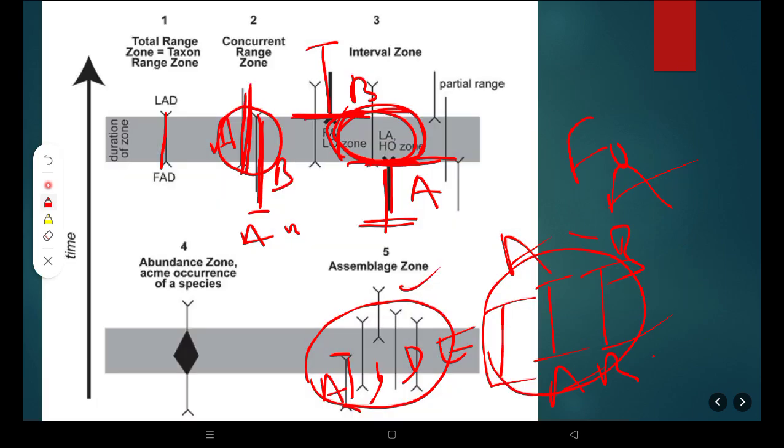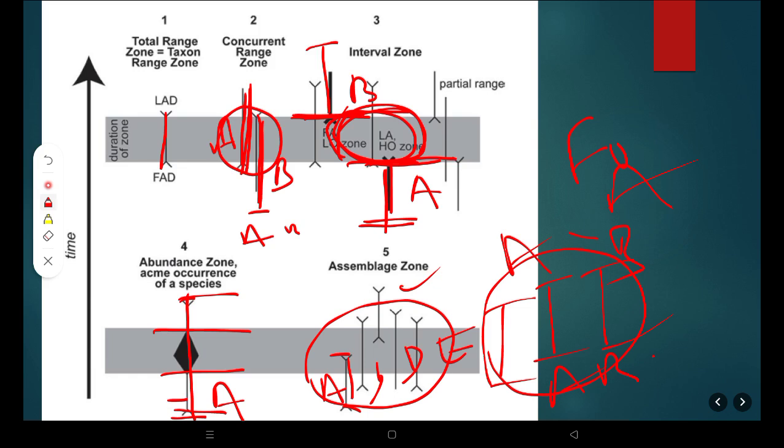So what is there? Suppose there is a fossil species or taxa, that is fossil A, and this is the strata we are studying, and here is another strata. In this case, abundance means the number of specimens, how many fossils we are getting.